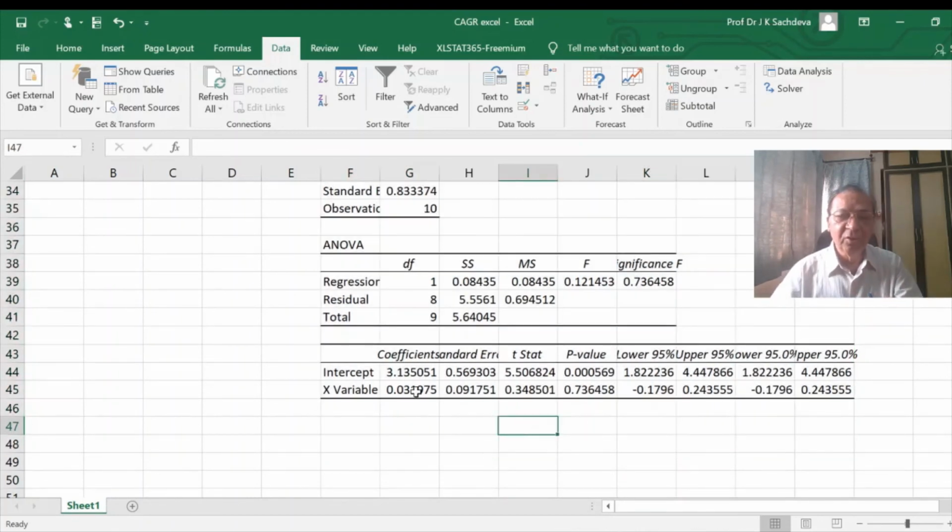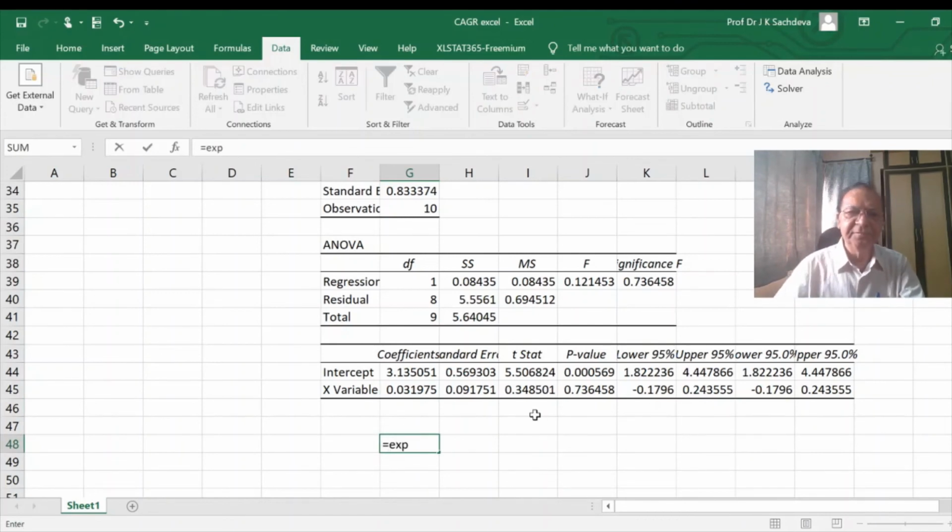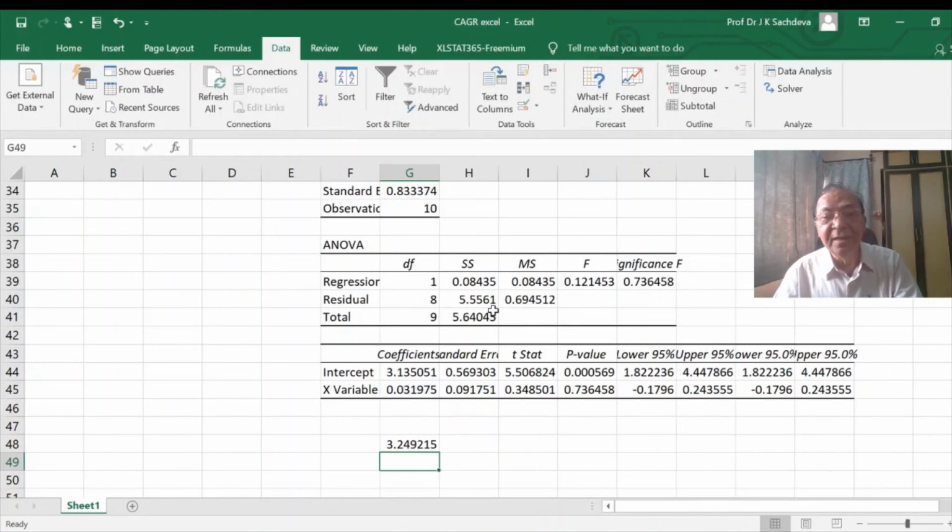Now the growth rate is only 3%, equal to exp minus 1, into 100. So 3.2%, and this p value is more than 0.05.